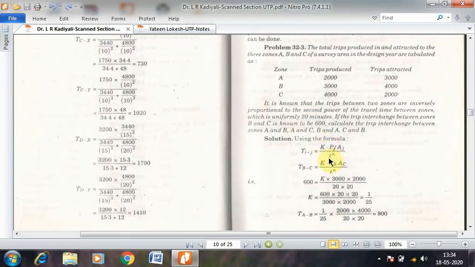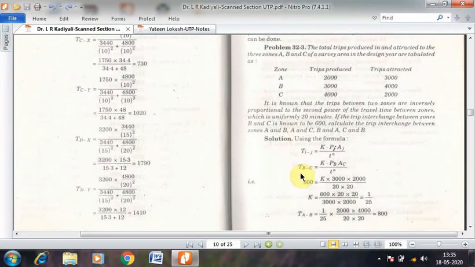And this t here is 20 as per this problem. Now you have been told that the trip interchange between zones B and C is already known to us, given as 600.